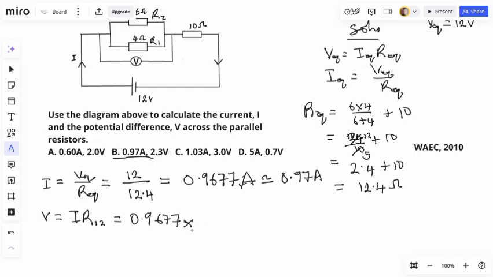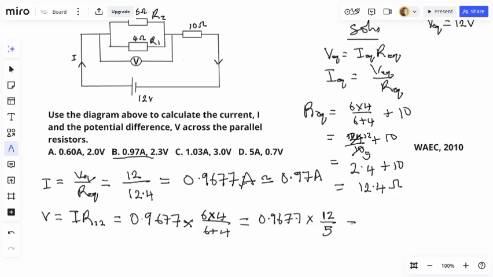Then times our R. What is our R? Our R will be 6 times 4 divided by 6 plus 4, which equals 0.9677 times 12 over 5. We already did something similar there.